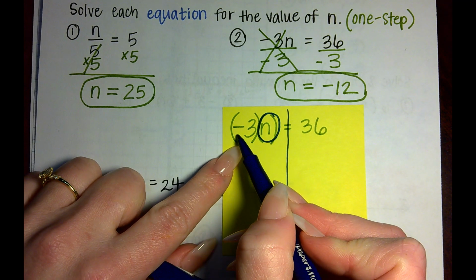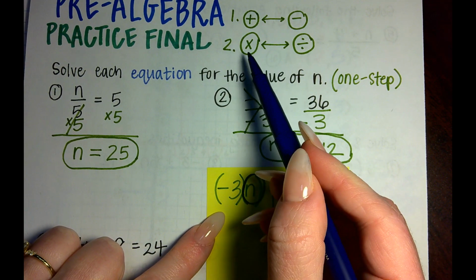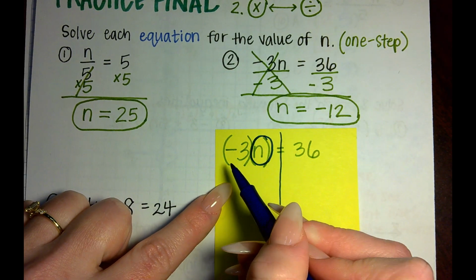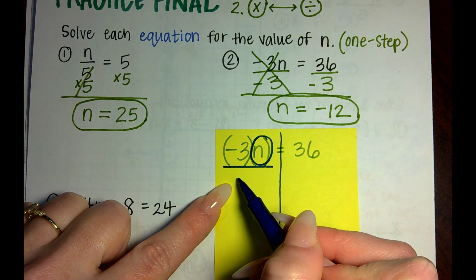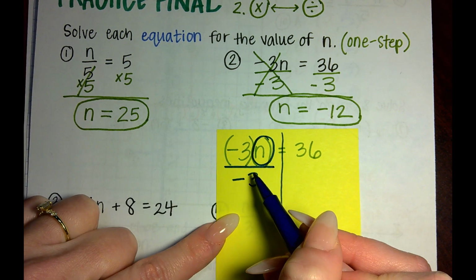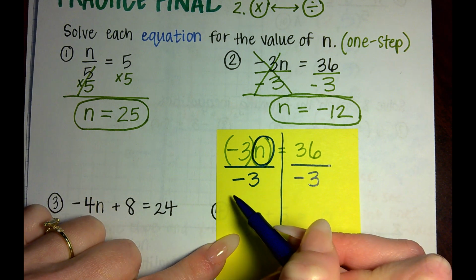Since it's -3 times n, we're going to do the opposite of times, which is divide. So I will divide by -3 over here to get rid of it. And whatever I do to one side, I need to do to the other as well.